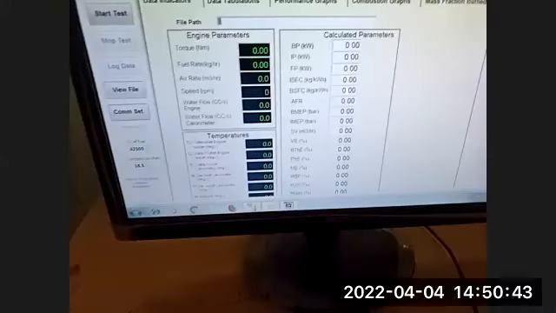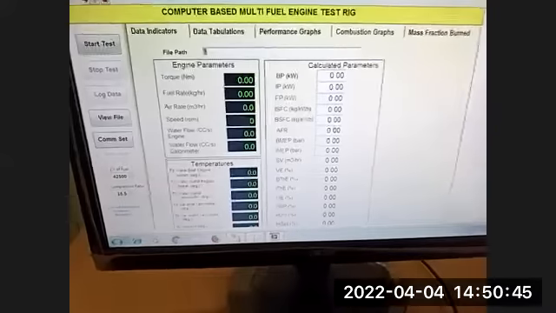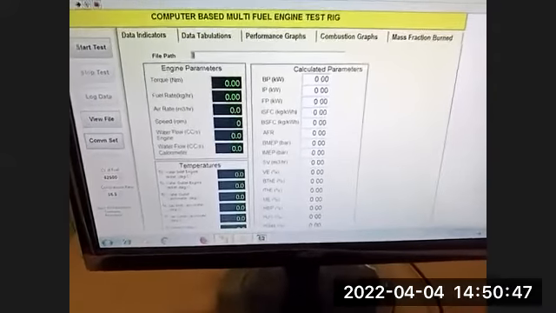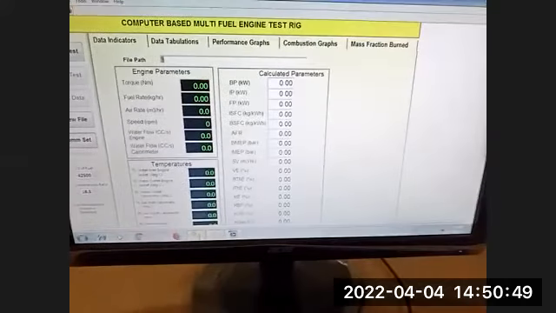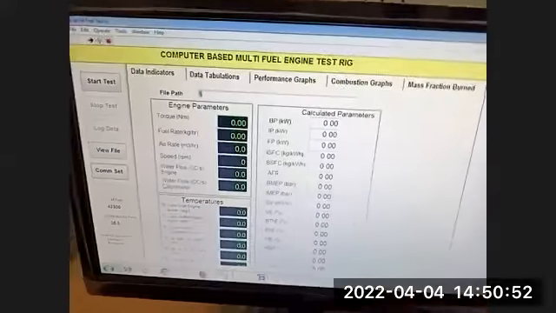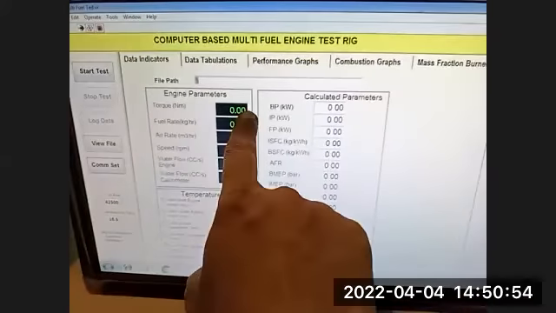You can see the data when logged into the engine. The computer shows this particular data in this format. When the engine is started, the torque value will come, the fuel rate value will come. Presently the values are 0, so it will be 0 here.